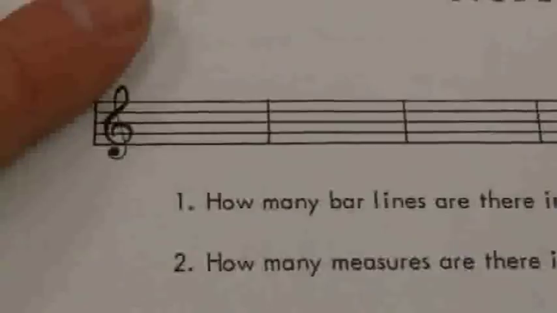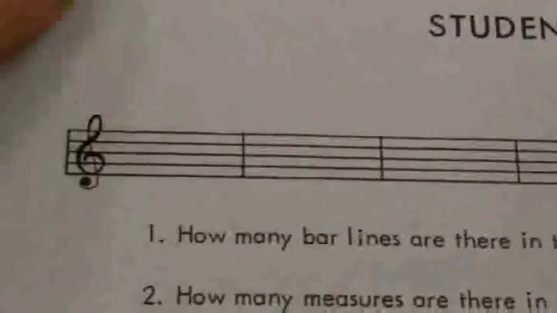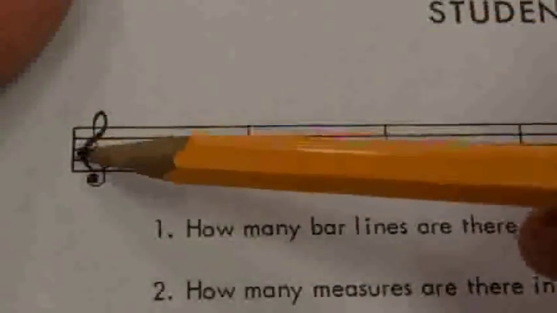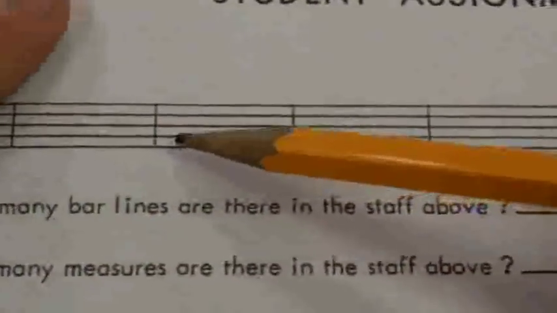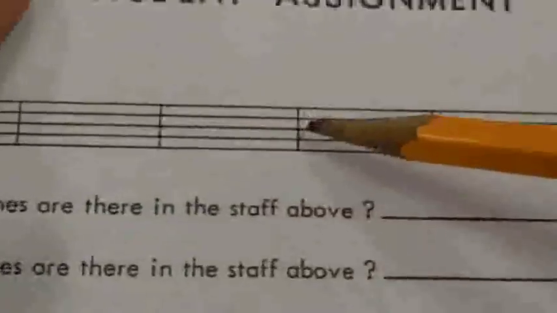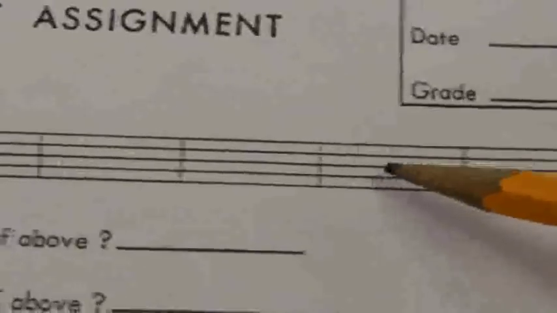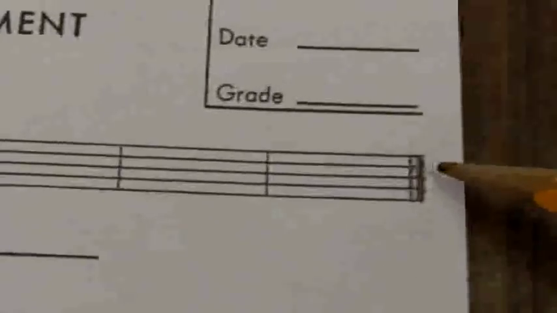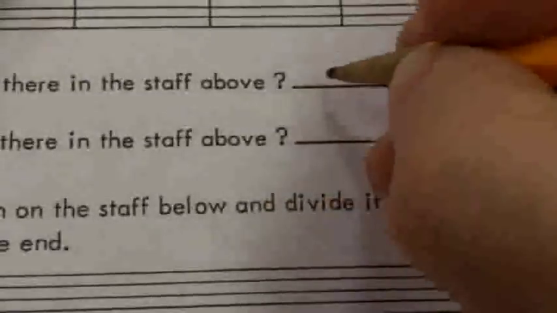Student assignment. How many bar lines are there in the staff above? So we count this as 1, 2, 3, 4, 5, 6, 7, 8, and we can say 9 and 10.